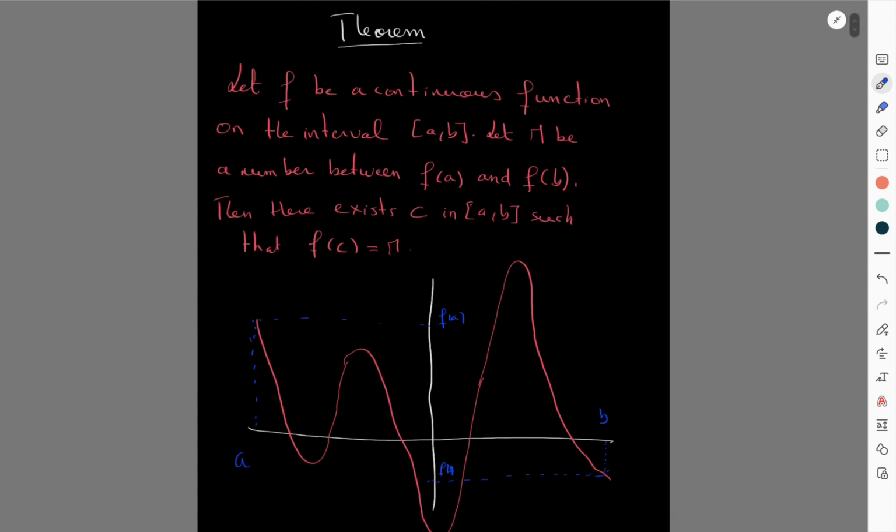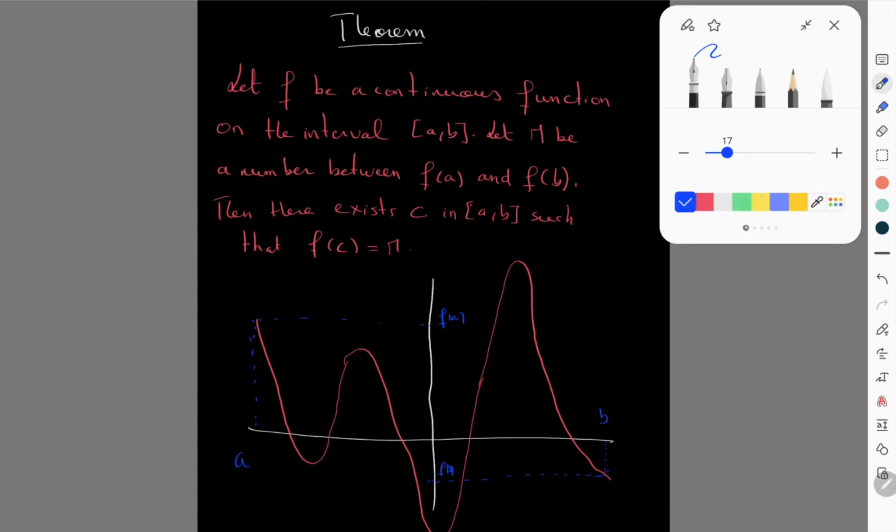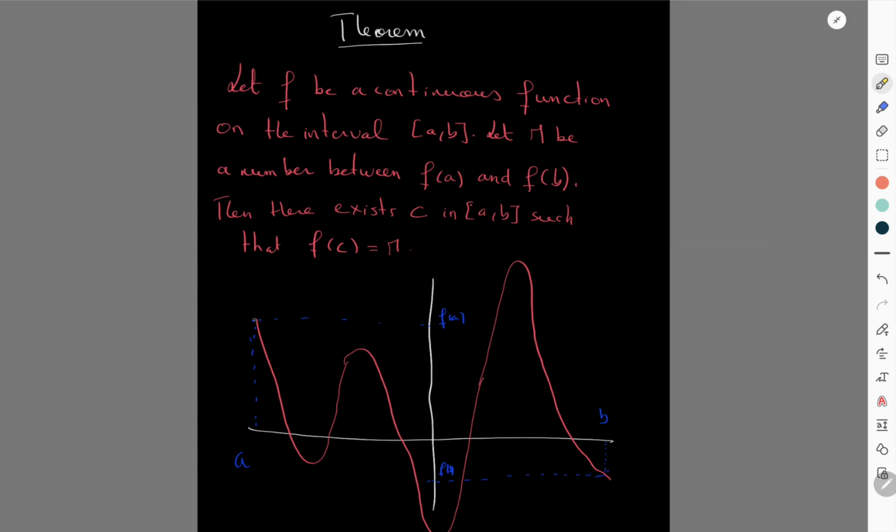Now, to illustrate this graphically, I have drawn the graph of a continuous function on the interval [a, b], and I took the point (a, f(a)) on this curve and (b, f(b)). So f is continuous because technically I did not lift the pen when tracing the curve.